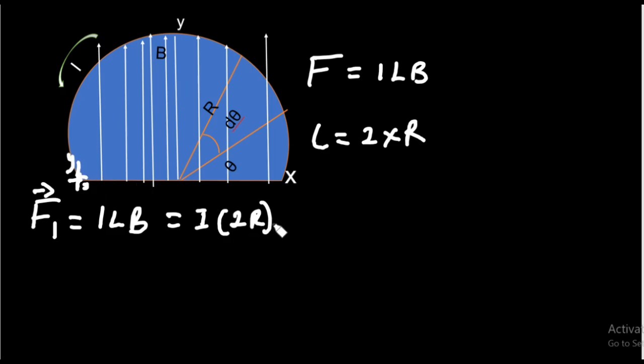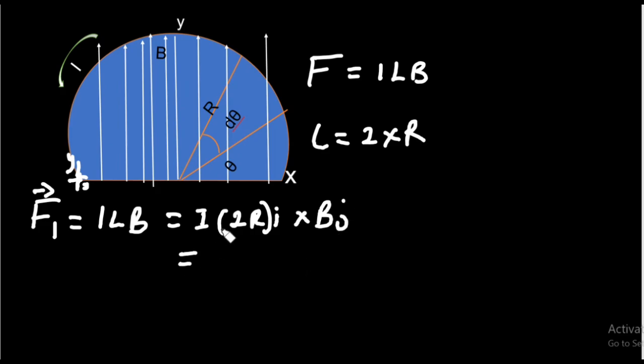Let us define the direction. We can call this i. So the length is 2R i, times B. Now the magnetic field B, we can represent it as B, then since it is in the Y direction, we can write it as j.